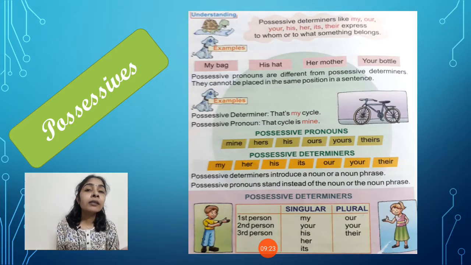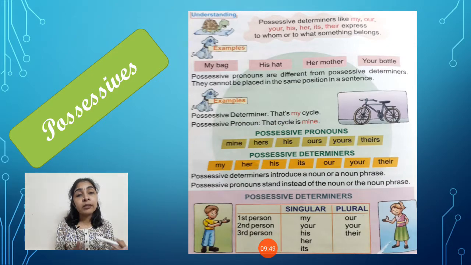Now let us come to possessives, the next category of determiners. What are possessives? They tell about the possession of the noun, that is, who possesses the noun. Possessive determiners like my, our, your, his, her, its, their express to whom or what something belongs.